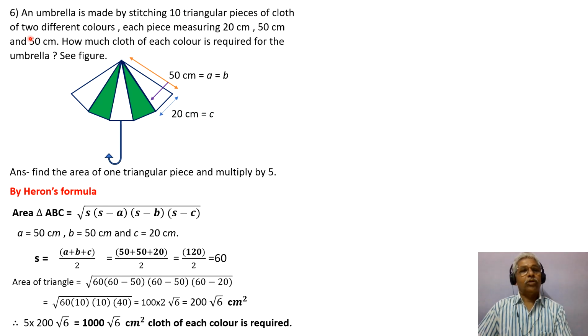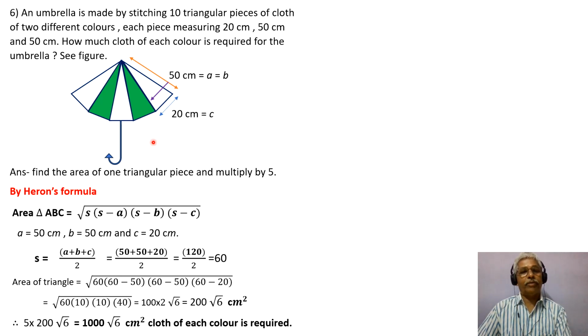Okay, so we were here, each piece measuring 20 centimeters, 50 centimeters, and 50 centimeters. So look at this. This is 50, this is 50, and this is 20. Okay. How much cloth of each color is required for the umbrella?